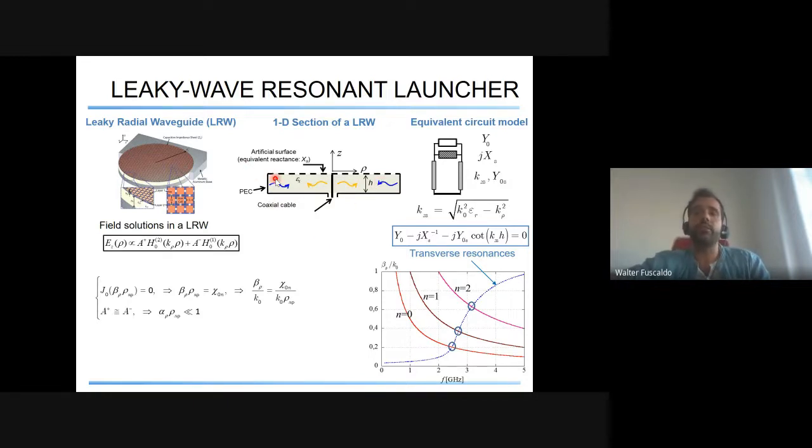In order to get radiation from this device, we have to cover this cavity with a partially reflecting sheet that, to a first approximation, can be represented by an equivalent surface impedance.